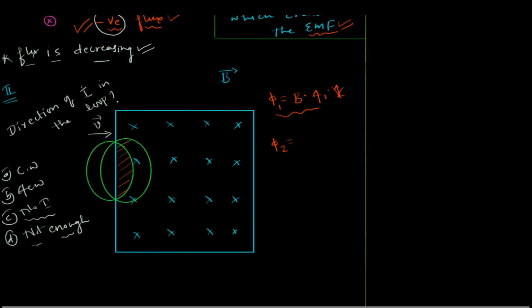Now the area through which the flux is passing is this area, and therefore the new flux would be B into A2. Magnetic field is not changing, B into A2, and clearly A2 is greater than A1, right?